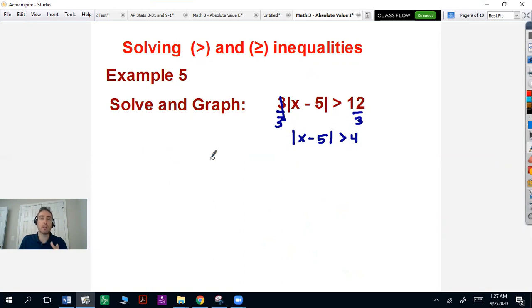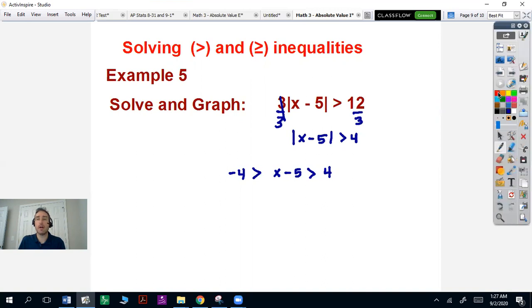And we also want to list out a negative and a positive. But you see that little inequality pointing this way, right? So we're going to put a negative, and we're going to keep it in this direction. Just do x minus 5 and then write 4.